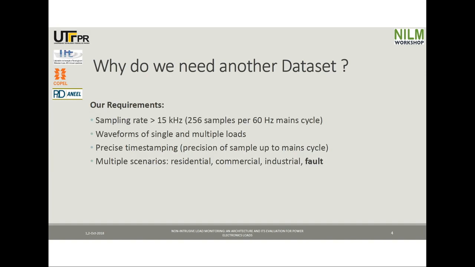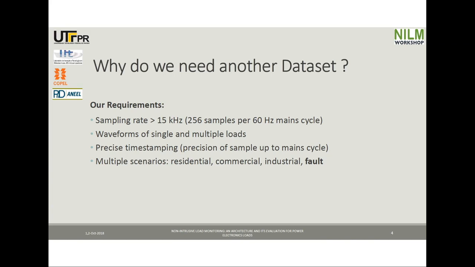Our requirements say that we need a sampling rate larger than 15 kilohertz, which is okay for those that I showed. We need waveforms for single and multiple loads. If we want to do disaggregation, we need waveforms with several loads so that we can actually try to do disaggregation.